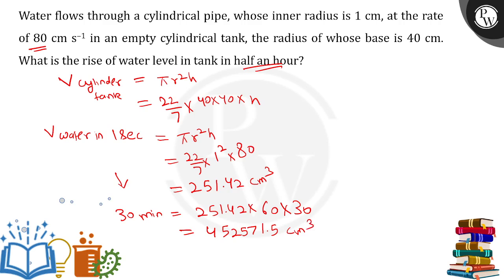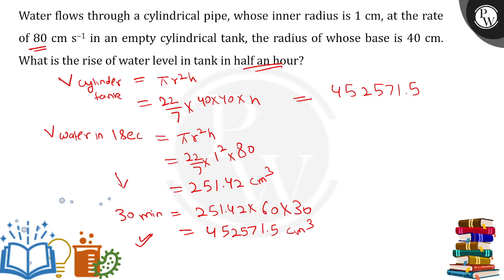Ultimately the level rise. Now this much is the water that will be passing through in half an hour, and this much volume of water would be equal to the volume of the cylindrical tank. So from here, I'll equate both of them to 452,571.5.